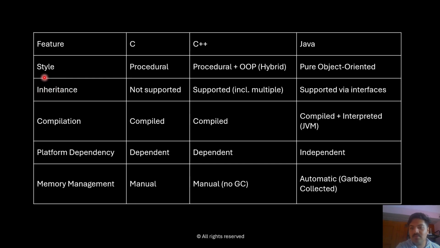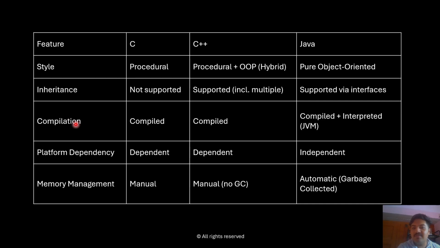In comparing inheritance, we have studied inheritance in our previous lectures. So the C language does not support inheritance, whereas C++ and Java support it, where in C++ it includes multiple inheritance, and in Java it is supported via interfaces. Interfaces is a topic you will study in Java.